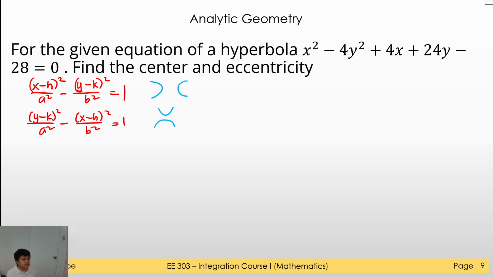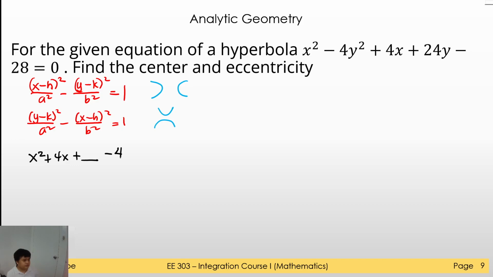So based on this, we do not know yet if it is a vertical or a horizontal hyperbola. So we have to first do completing the square. Grouping this again, we have x squared plus 4x, and then I could create a blank here already. And then we have negative 4y squared, so I can factor out the negative 4.